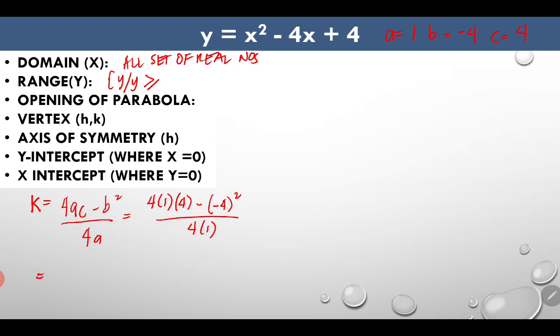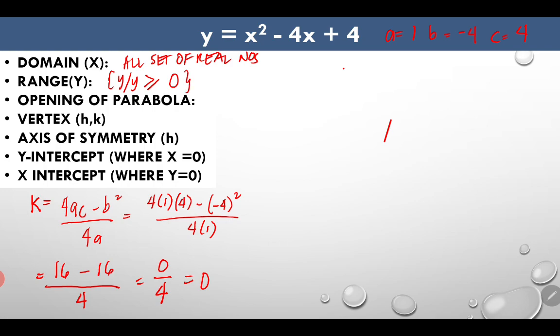So, 4 times 1 times 4 is 16 minus negative 4 squared is positive 16 over 4. So, 16 minus 16 is 0. That's 4. Okay, therefore, 0 divided by 4 is 0. Kaya ang k natin is 0. Okay?